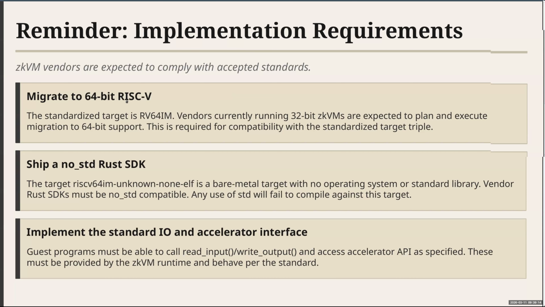That's why zkEVM SDKs must be no_std compatible. If any code in the runtime of a zkEVM depends on std, it simply won't compile against this target. Also, zkEVMs should provide I/O and accelerator implementations as part of the SDK.